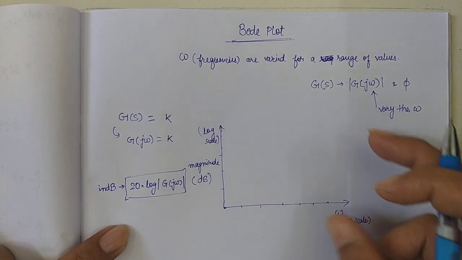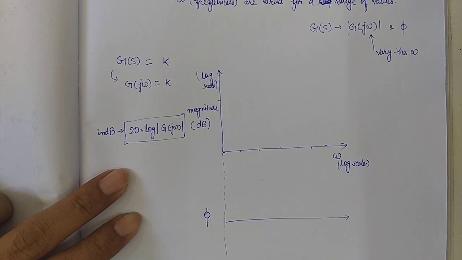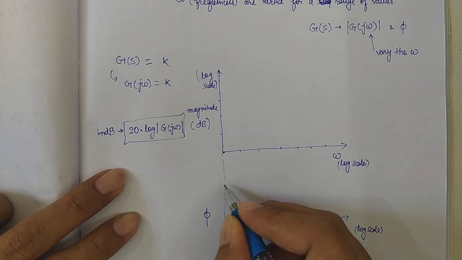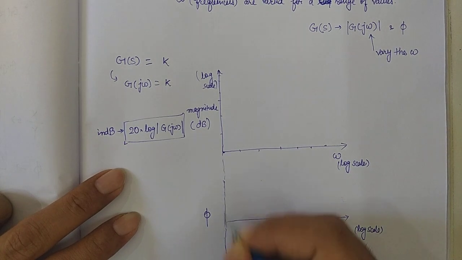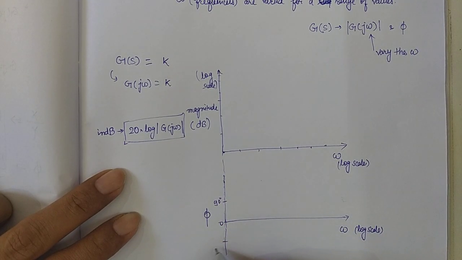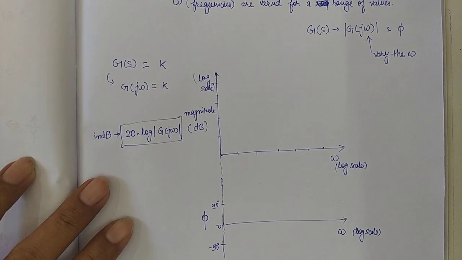So this is the plot of magnitude versus omega, and similarly we are also going to plot the phase phi with respect to omega in log scale. But this phi y-axis will not be in log scale, it will just be 0, 90, minus 90. We are going to plot in this way.